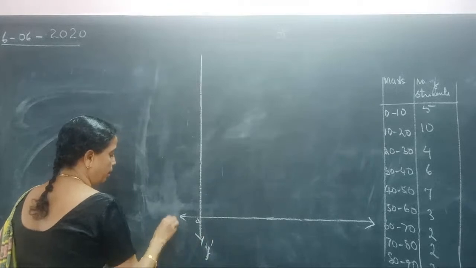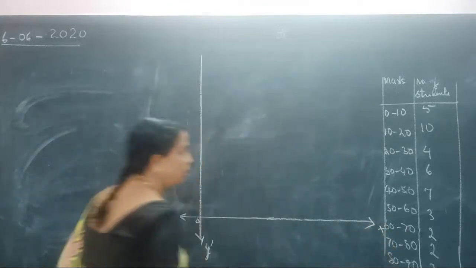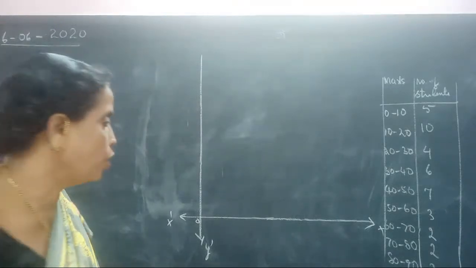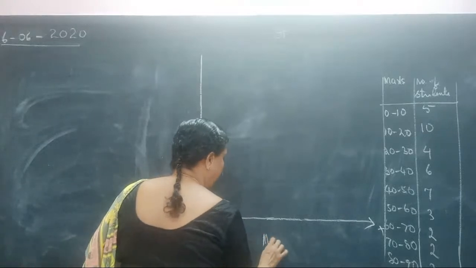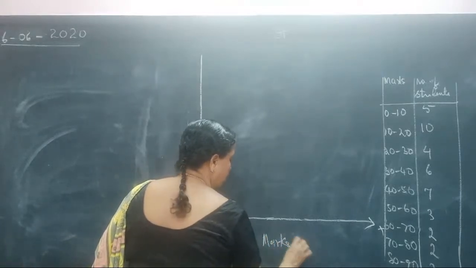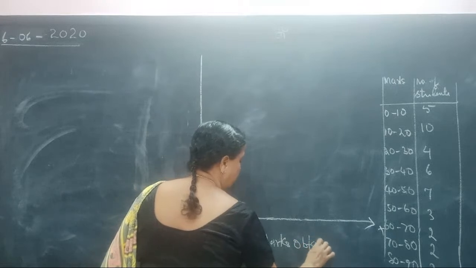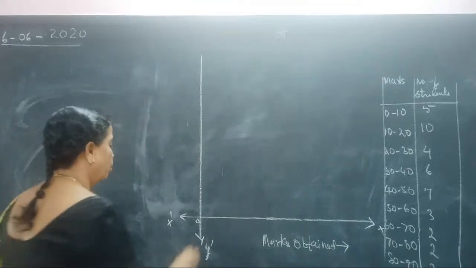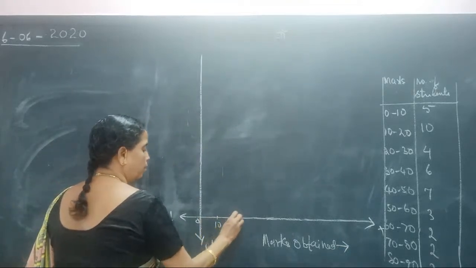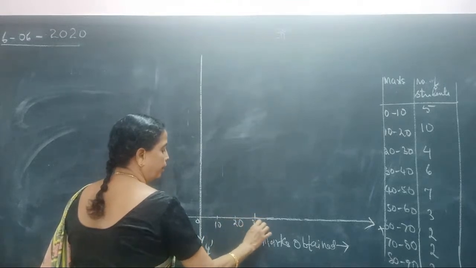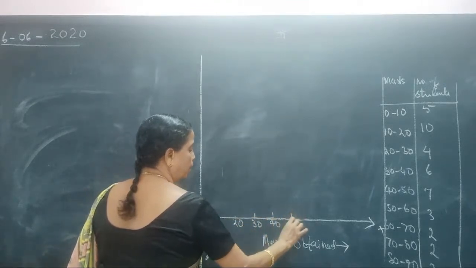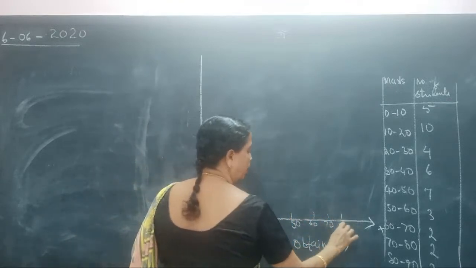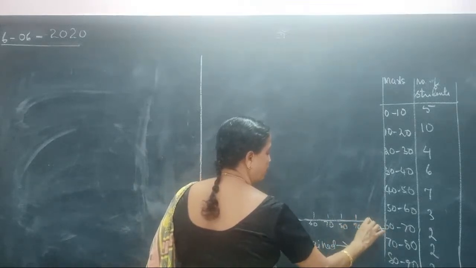Y dash, x dash, x, y. Now along the x-axis you plot marks obtained: 0, 10, 20, 30, 40, 50, 60, 70, 80, 90, 100.